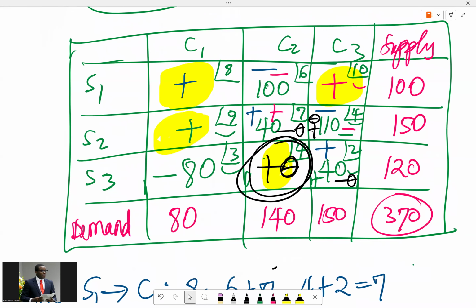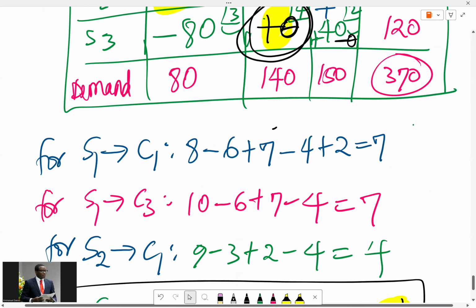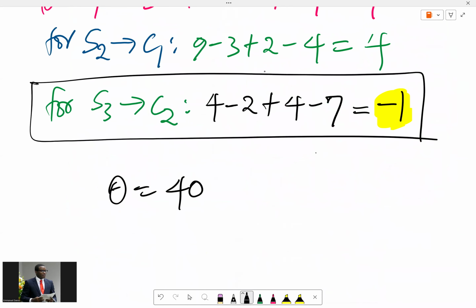But if we take theta to be 120 and subtract theta from 40, it will give us negative, so that won't work. So we look at the smallest number, that will make sure we don't get any negative. And that will be 40. So we can take theta to be 40 now, okay?